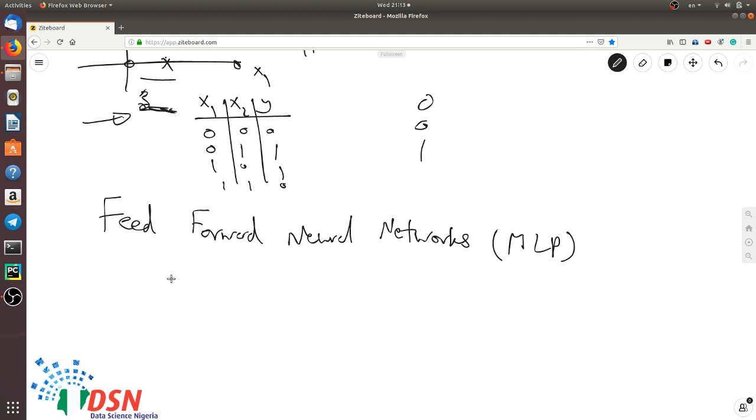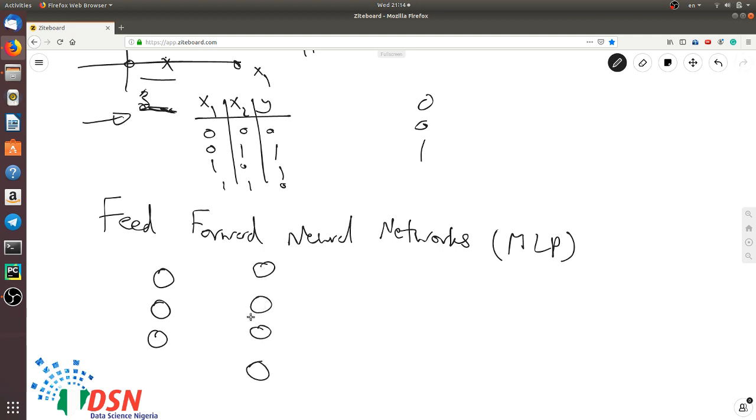So the general schematic of this neural network is like this. We have the input layer, so these are the input units.